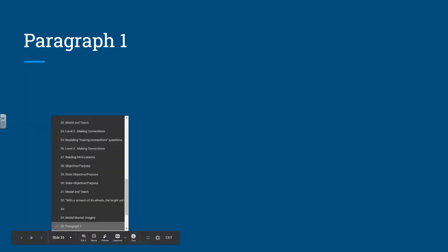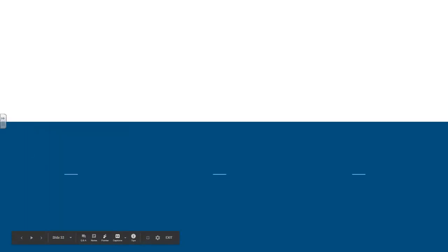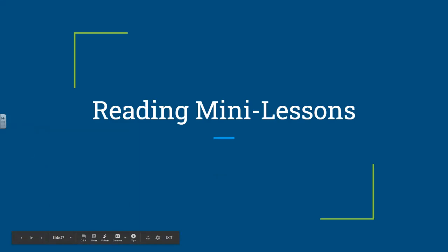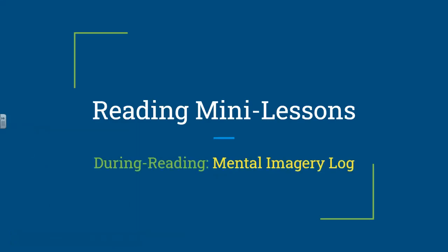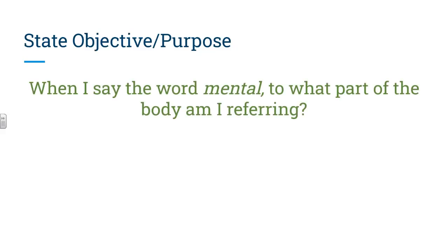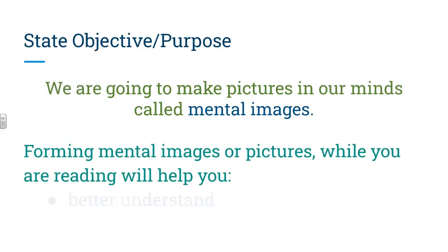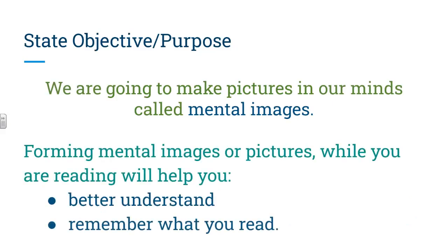And I'm going to go back and show you something real quick. I'm going to go back to the beginning and work back this way. Here's what I was looking for.